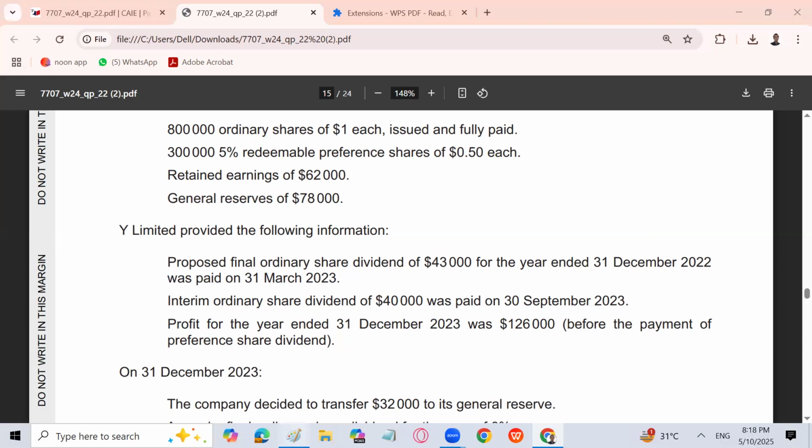Okay, let me write it down. Proposed dividend of current year will not be recorded in the books. Let me write it down for you to make it more clear.